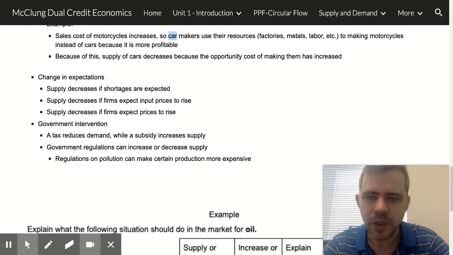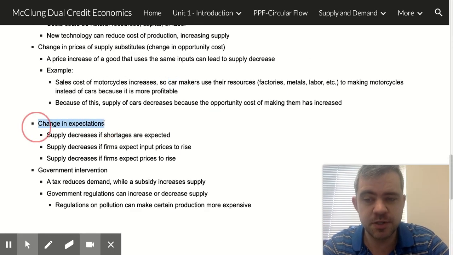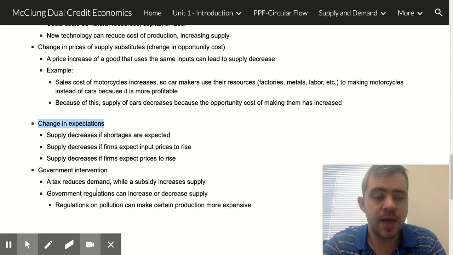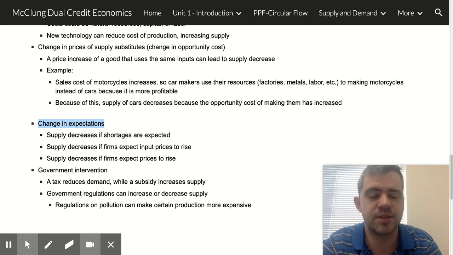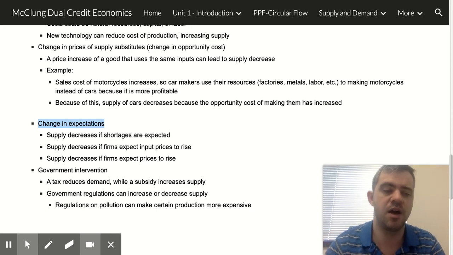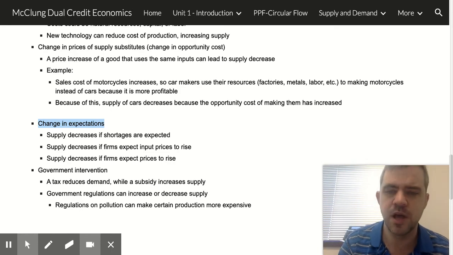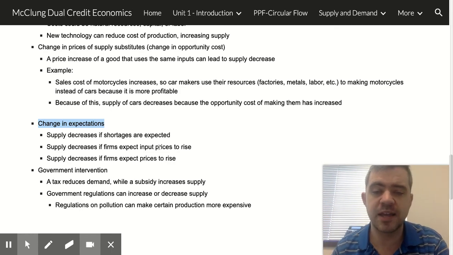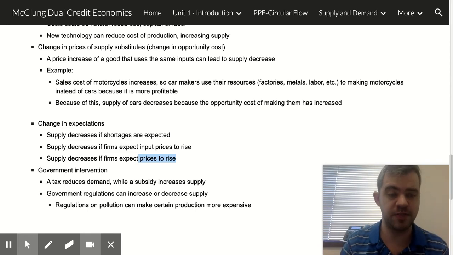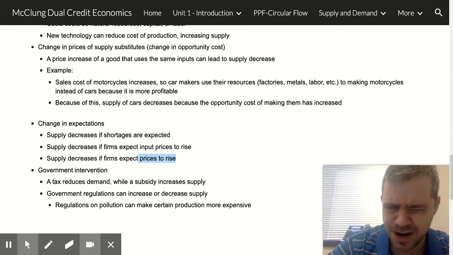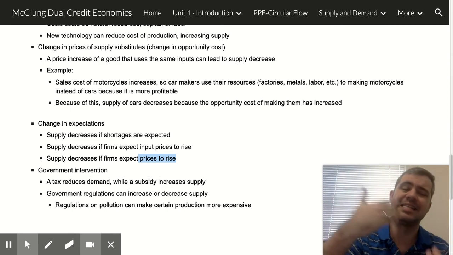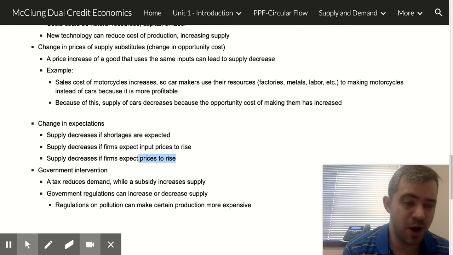All right, we talked about expectations before. Expectations can also influence the supply of goods, not just the demand. So if firms expect prices to rise on the good they're about to sell, they go, should I really sell it now? Maybe I should hold on to it and sell it later when I can sell it for the higher price.